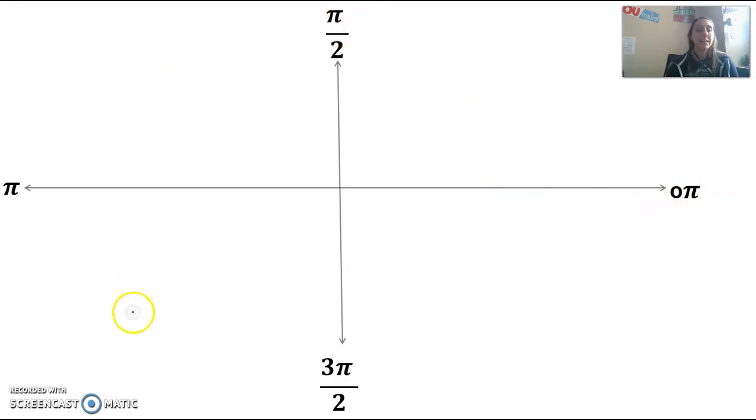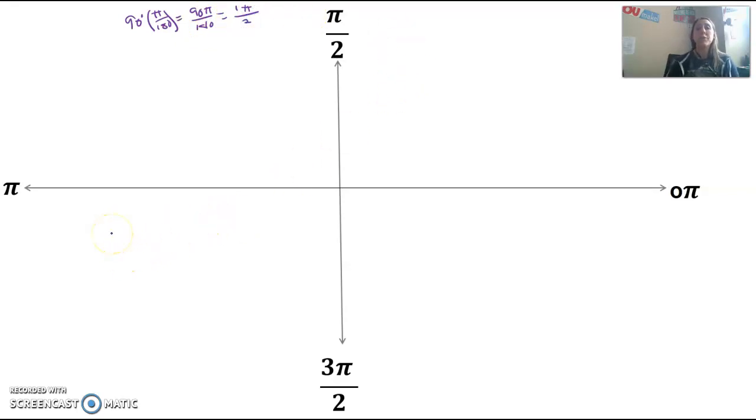But to get 90 degrees, I could have done 90 degrees times pi over 180, which is equal to 90 pi over 180, and then I can simplify that. There are two 90s, so 1 pi over 2. That's how I got pi over 2.